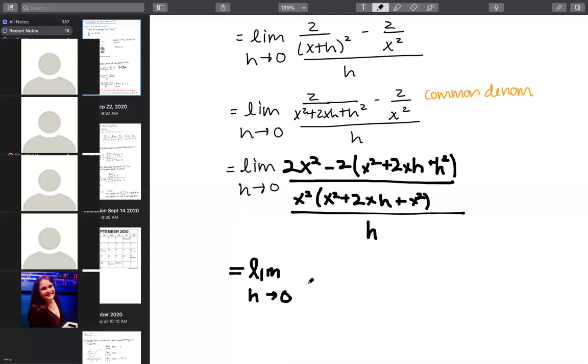Okay, so we're going to get negative 4xh plus 2h squared, or is it just 2h? Yep, just 2h.